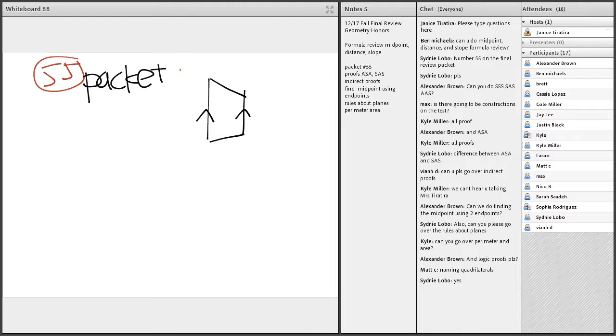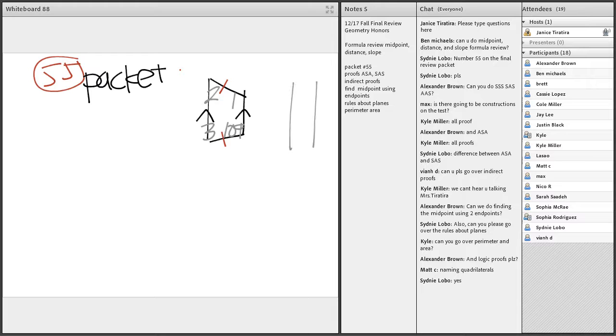So trapezoid, because one pair of opposite sides is parallel, so I drew it in right now. Isosceles, because two sides are equal. So we know in a trapezoid, because the two sides are parallel, we can use same side interior angles from way back when, from chapter 3. So I think we can find angle 3 first or angle 1 first.